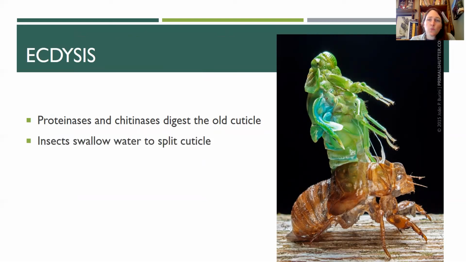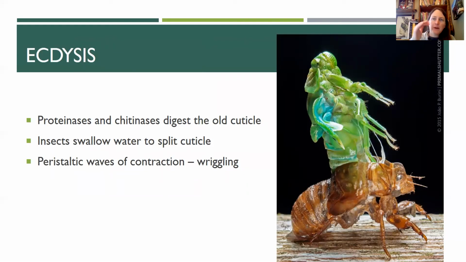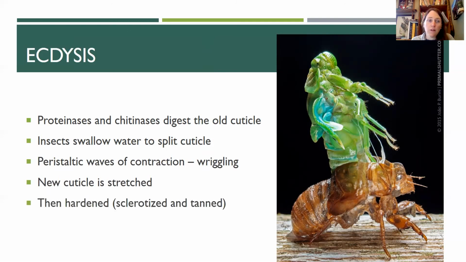The insects swallow water or air to split the old cuticle and release themselves. And then there's a series of peristaltic waves of contraction or wriggling to get out. The new cuticle is then allowed to stretch, and they might take on more air or water to get that cuticle to stretch before it hardens.